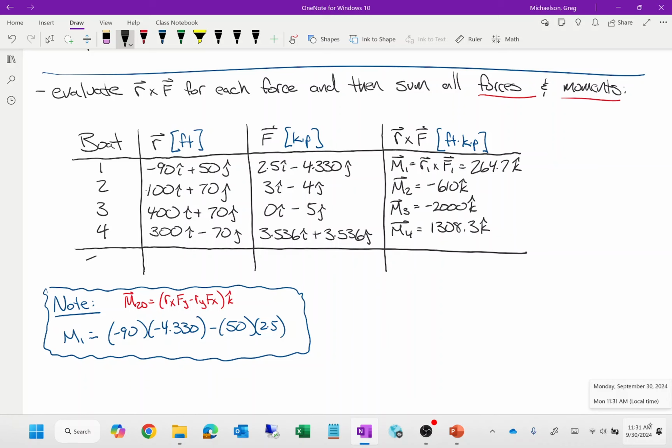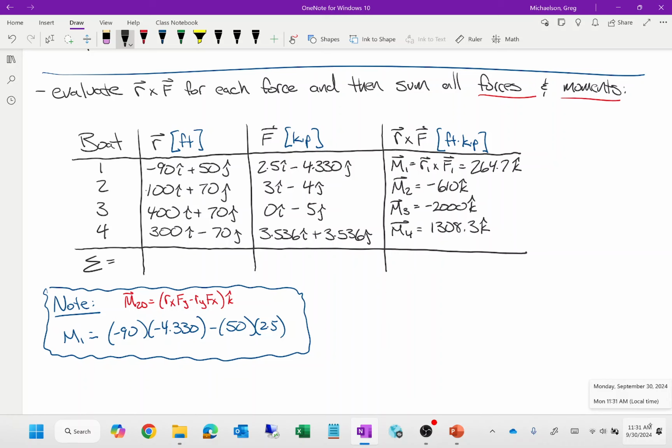And then I'll put a little summation row down here. So let's start off by summing the forces. If I sum these vectors, how do we do that? Well, we sum up the i terms, sum up the j terms. So what do we get when we sum this up?